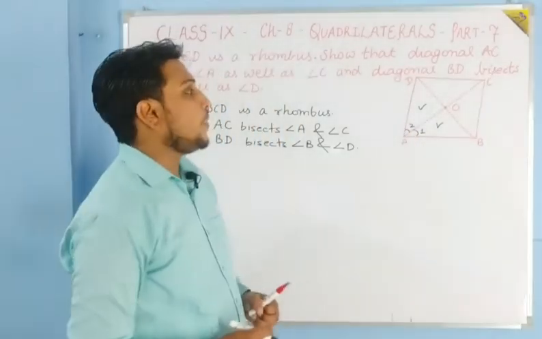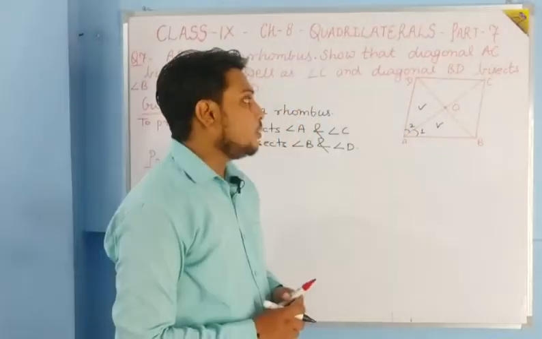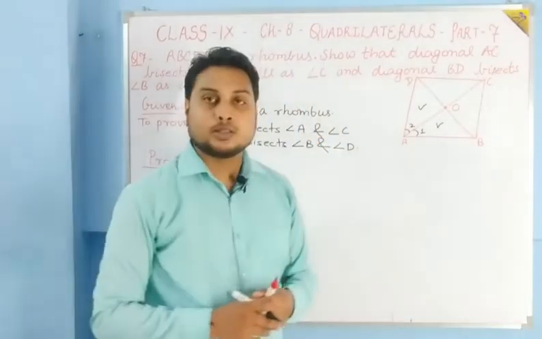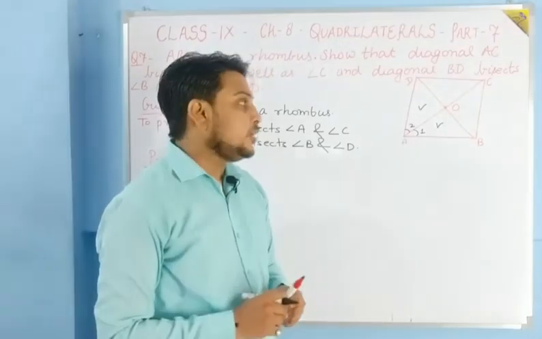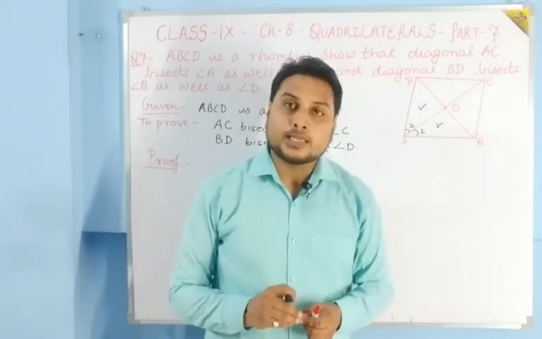By which criteria are we going to show that these two triangles are congruent? See students, it is given that the shape is a rhombus. If the shape is a rhombus, then we know that the diagonals of a rhombus bisect each other.